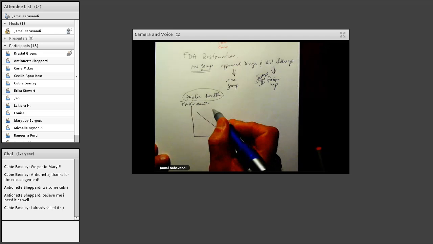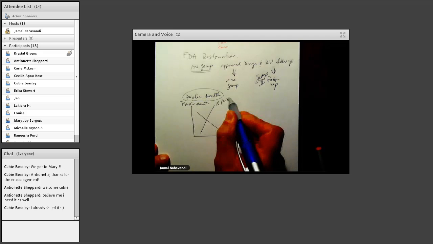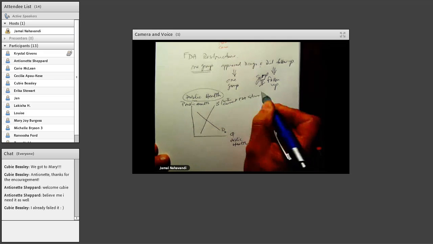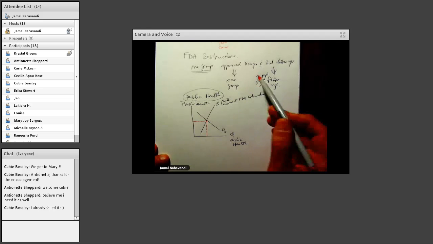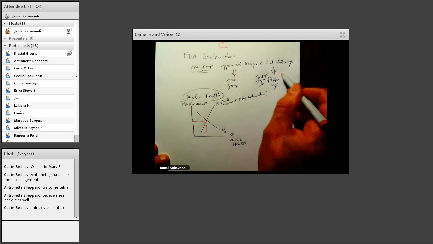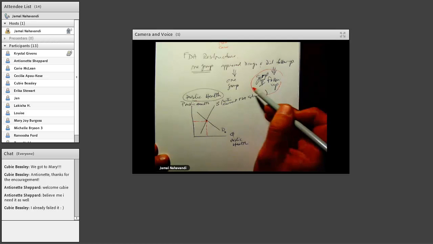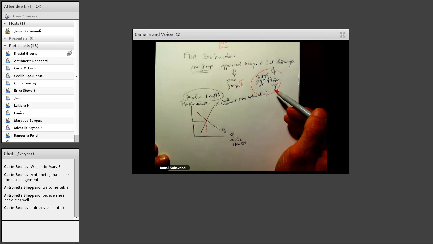And so currently this is the supply structure with the current FDA structure. As a result, this is the quantity of public health produced at this price. If the FDA's strategy is to break up into two groups, this group number 2 would be more vigilant to examine the decision of group 1 in terms of performance of the drug.